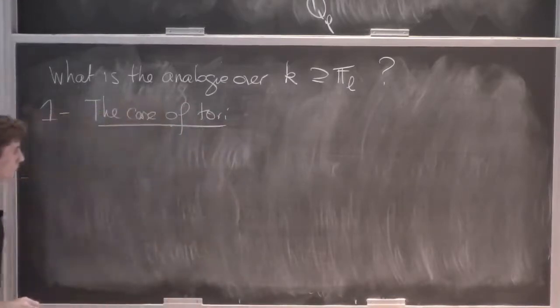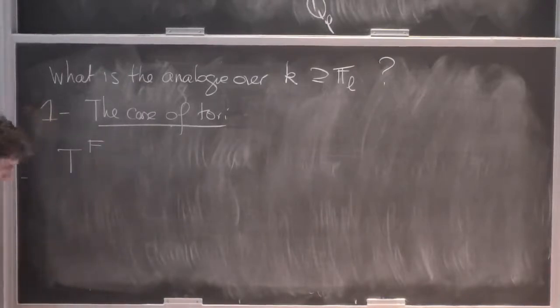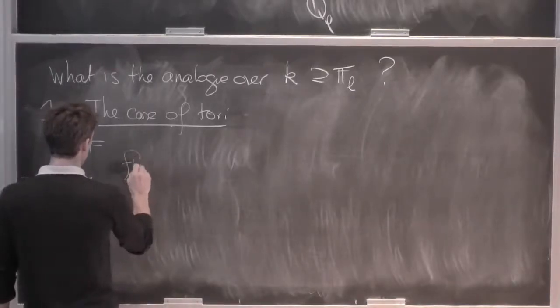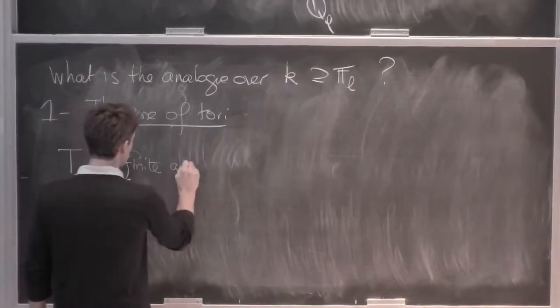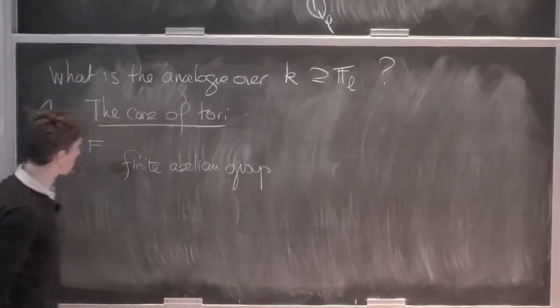So what happens for this abelian group? If you start with T, some maximal torus, or any F-stable torus, this is a finite abelian group. So what can you do in that case?